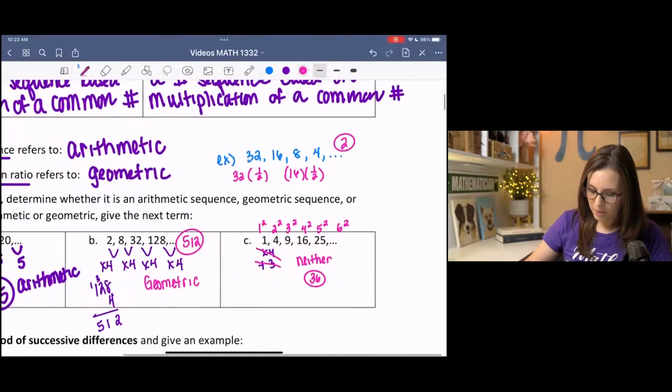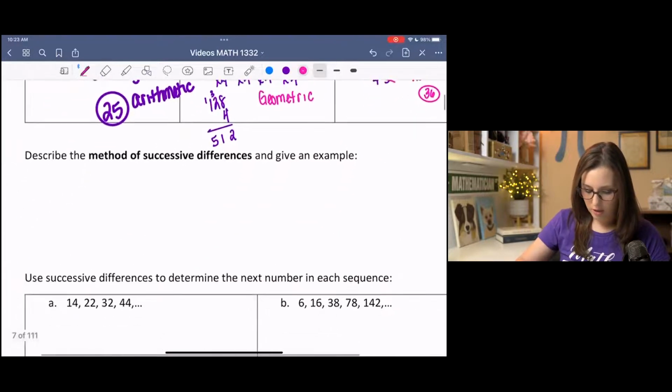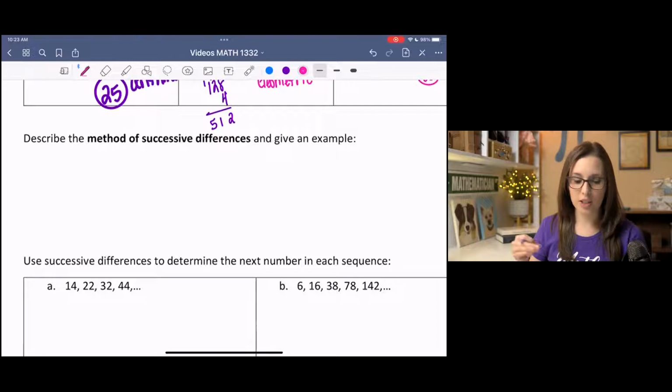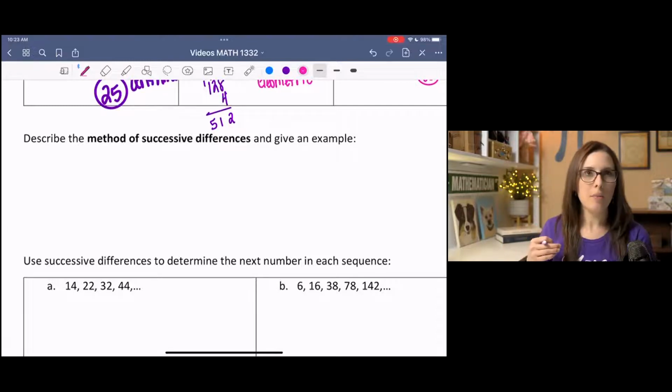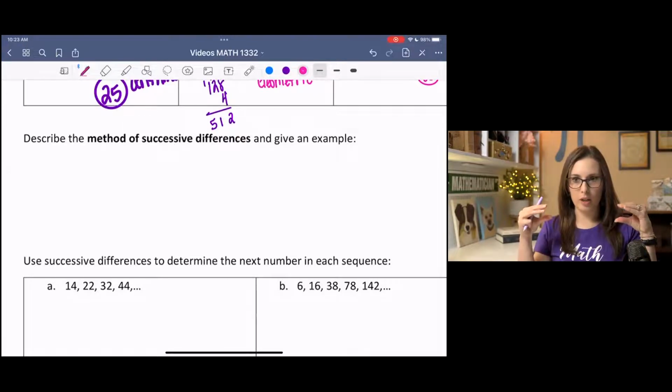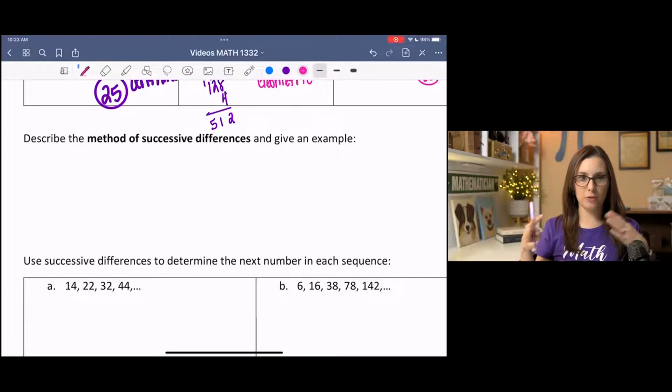The next type of sequence we're going to look at, we're going to have to use a method. It's called the method of successive differences. And what that means is there may not be a pattern in the first line, like a common ratio or a common difference. But if you go one line further, there could be a common difference there.